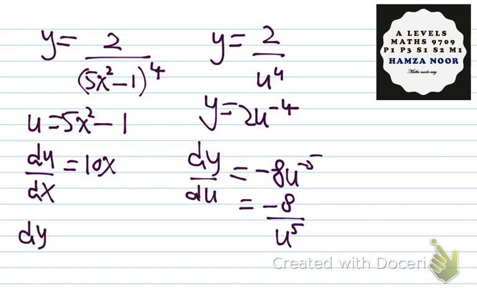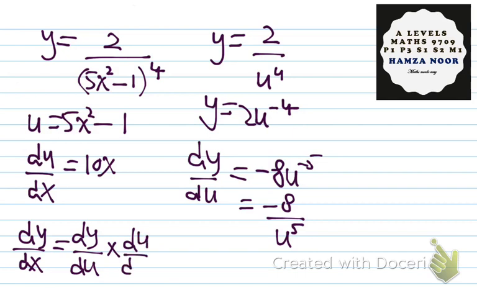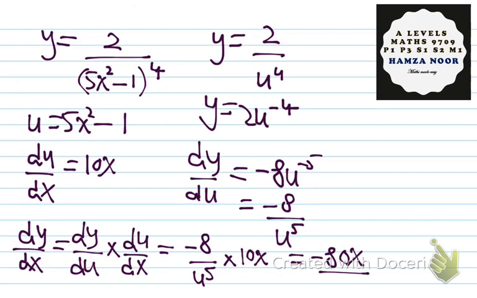So chain rule will be dy over dx is equal to dy over du multiplied by du over dx. Alright, so dy over du is minus 8 over u raised to the power 5 multiplied by du over dx, which is 10x. So this becomes minus 80x upon u raised to the power 5.